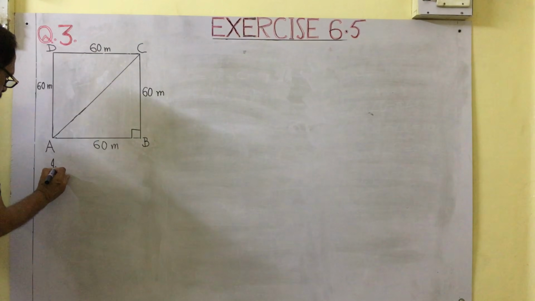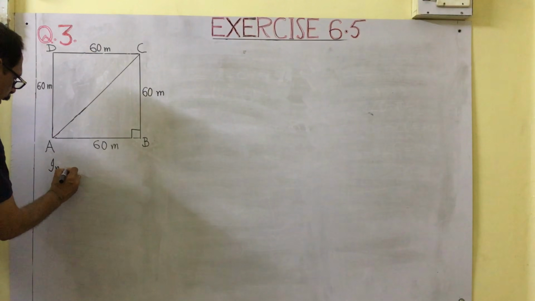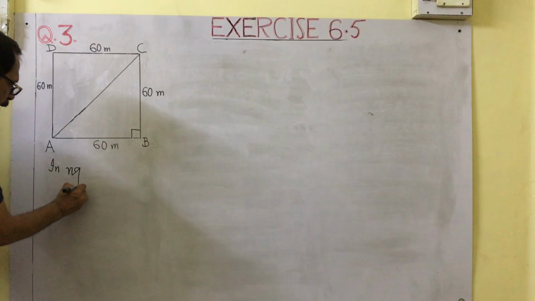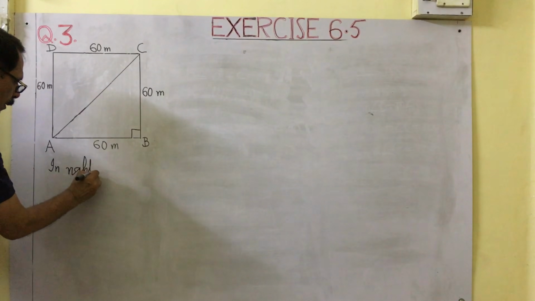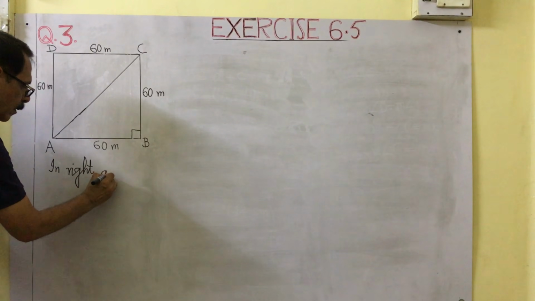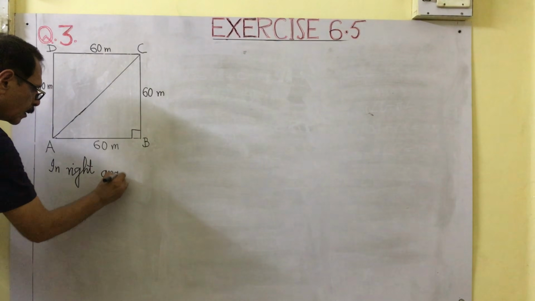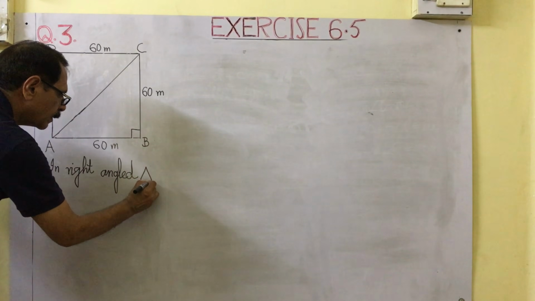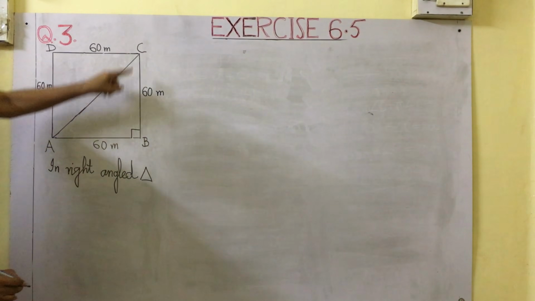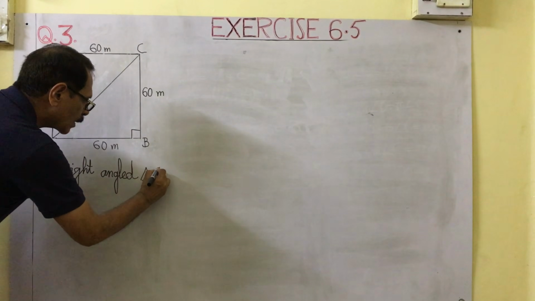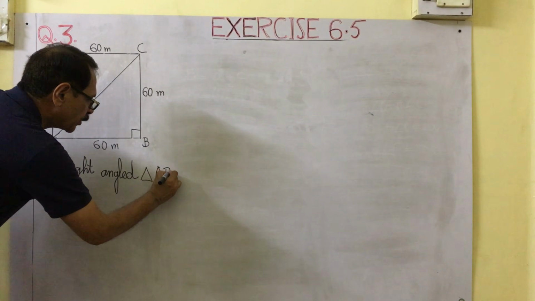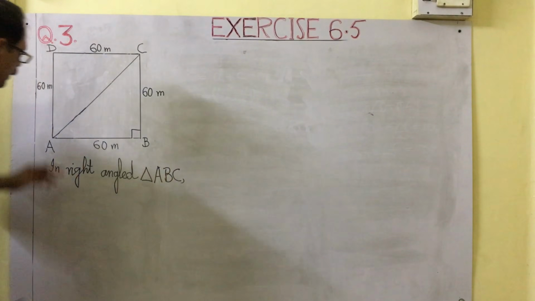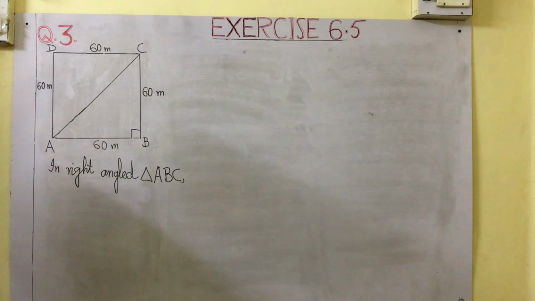In right angled triangle ABC, we are considering triangle ABC.